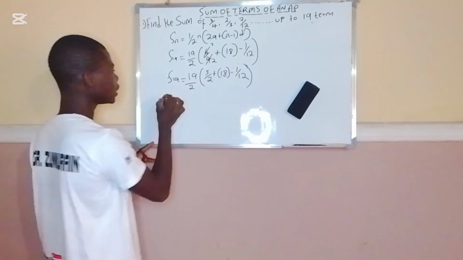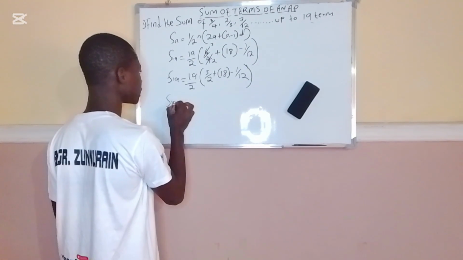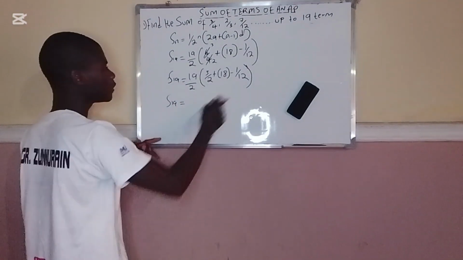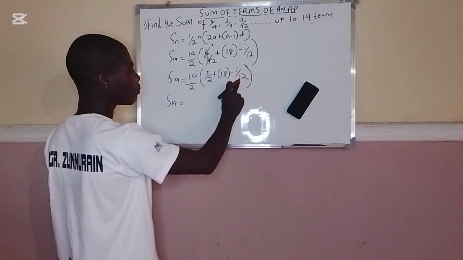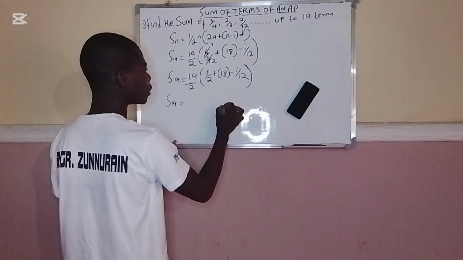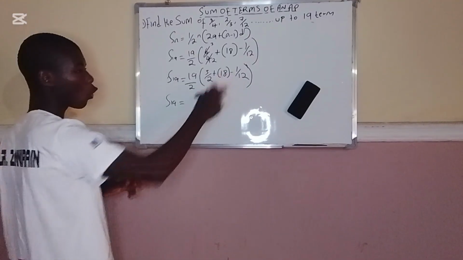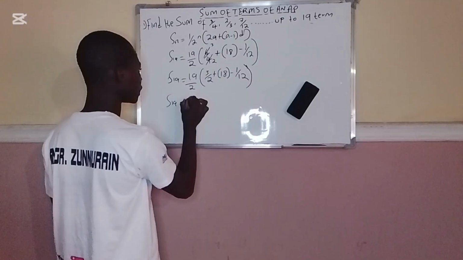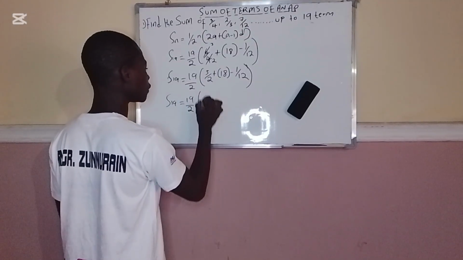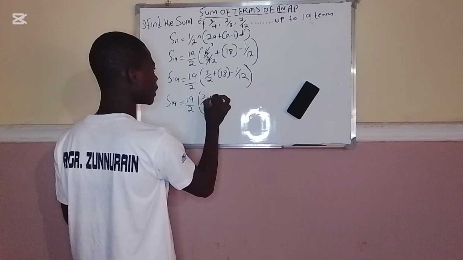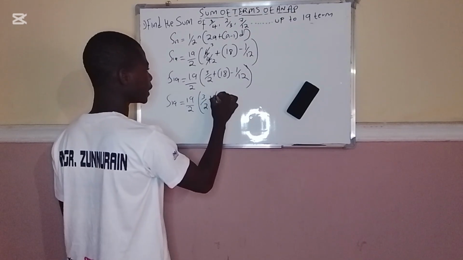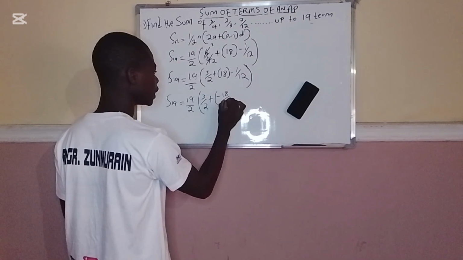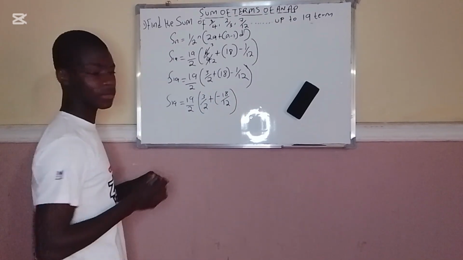If I multiply minus 1/12 by 18, I end up with 19 over 2 times the bracket 3/2 plus negative 18/12.